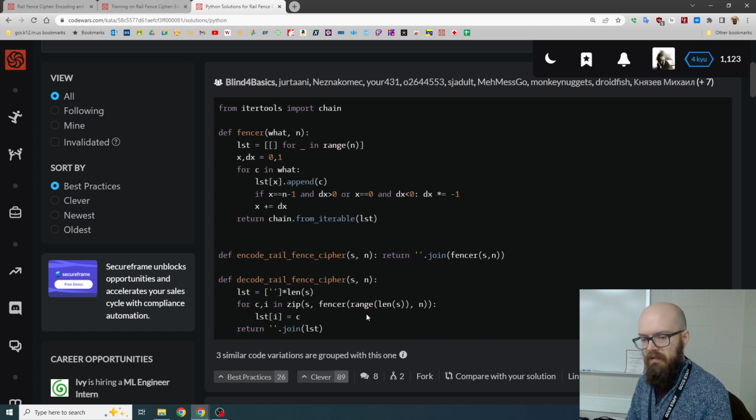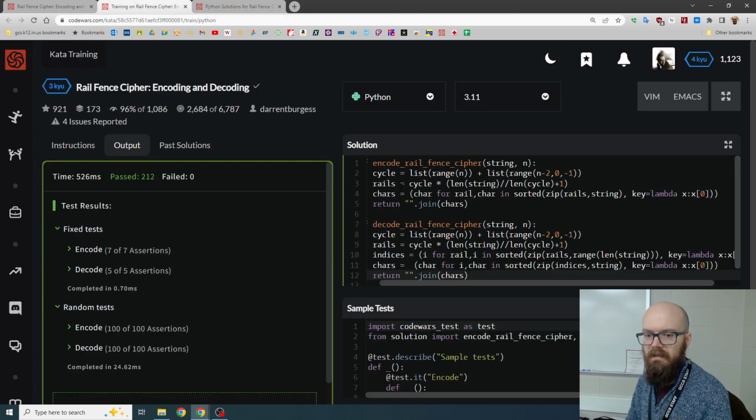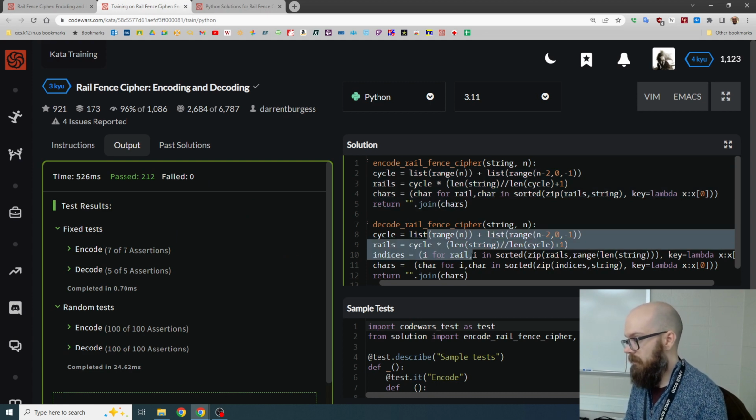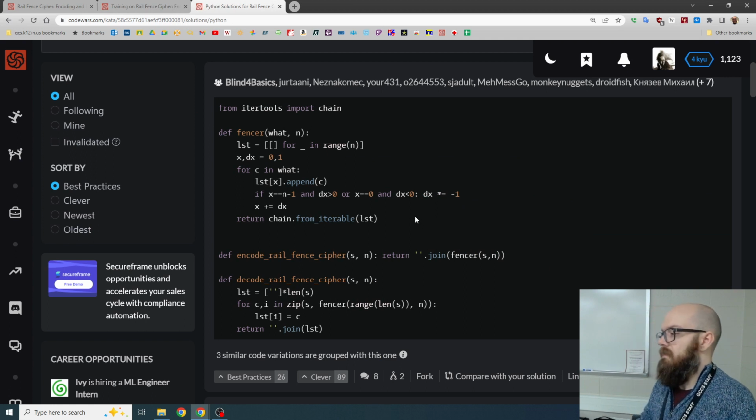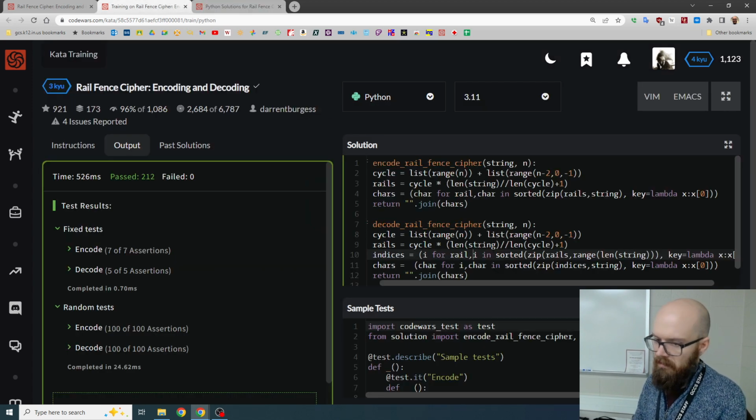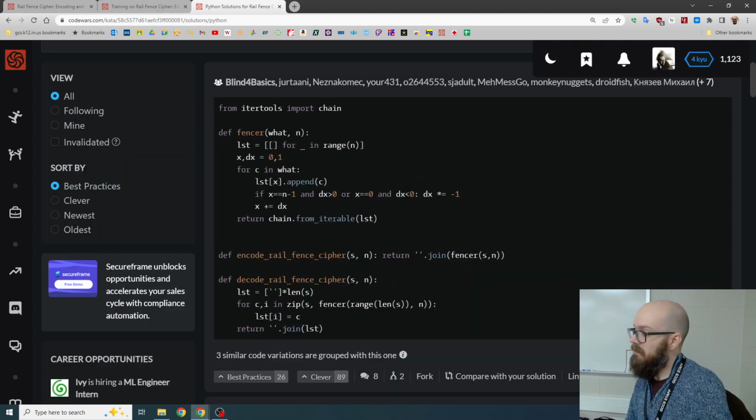The fencer is involved in both of these, just like in mine, these 3 lines are involved in both of the functions. And then you can make it abstract so that we're not getting lost in the details. In mine, I was getting lost in the fact that this one was given characters, so I couldn't use it here, blah, blah, blah. Whatever, it's fine, but when I look at that, I go, nice, good job. You did the thing that I thought of, but I didn't do it myself.